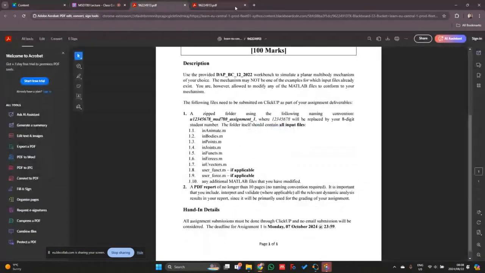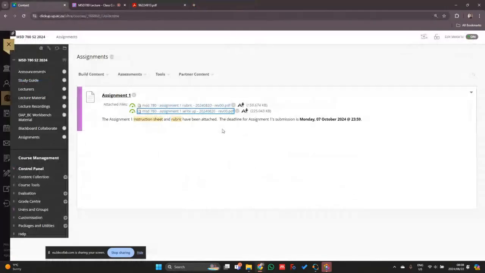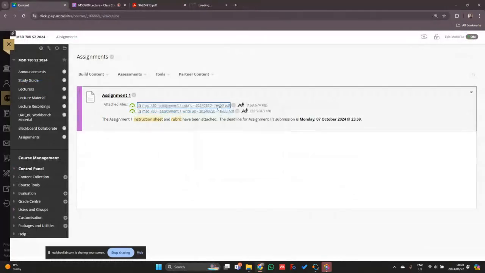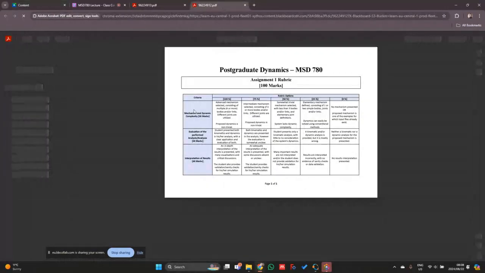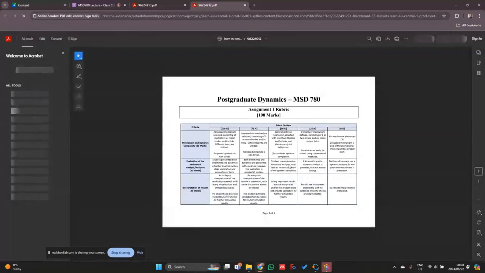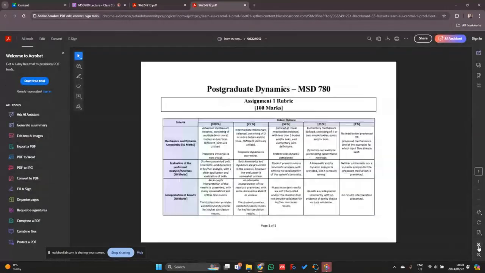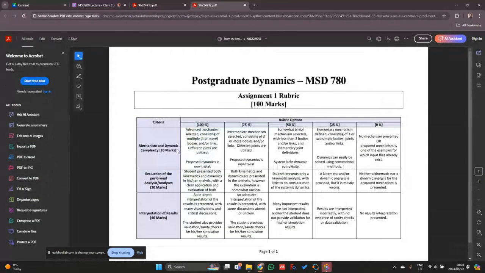So if we open, I think I opened the same one now, so let me just check. So this one. Right, so we basically break the criteria up into 3. The first 30 marks considers the actual complexity of the mechanism and the dynamics that you apply. Ideally, we'd like to see a 4-body or more than 4-body mechanism, since we're dealing with complex multi-body systems.